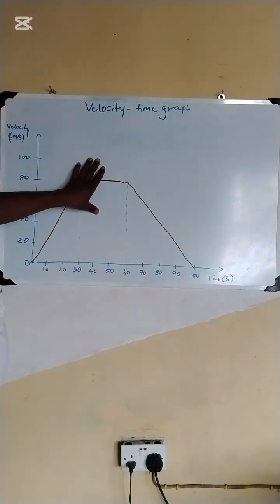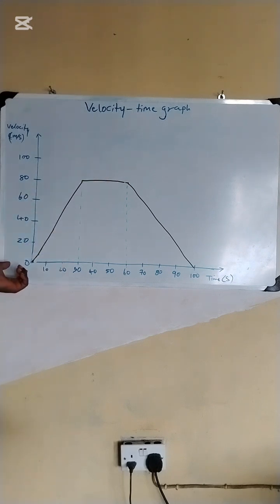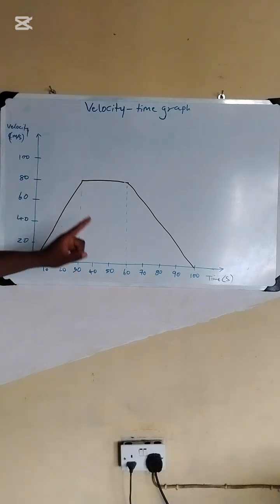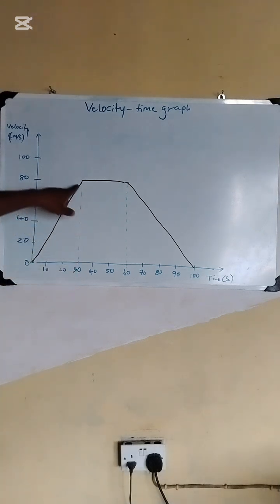Now look at here. The diagram gives the information of a car. It says that the car starts from rest, accelerates uniformly, and attains a speed of 80 meters per second in 30 seconds. It means that it takes the car 30 seconds to attain the speed of 80 meters per second.